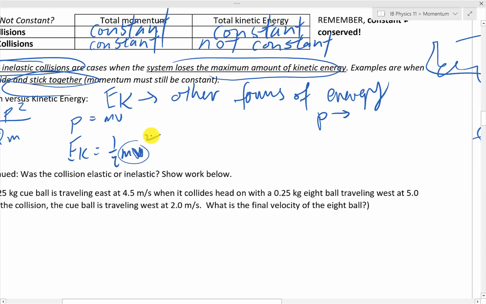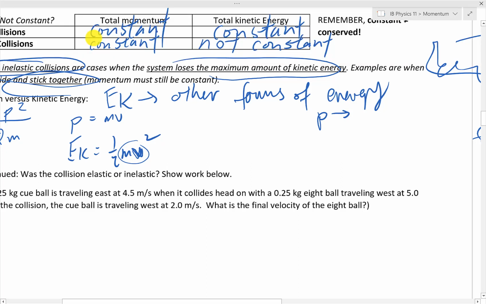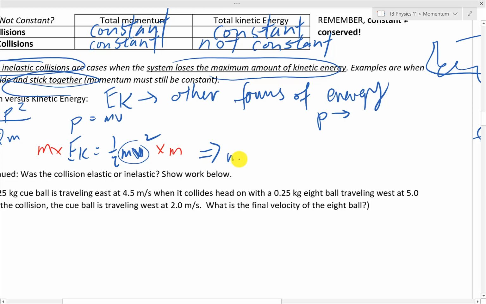But hey, don't forget the velocity is squared. But we can remedy that to make sure there is enough mass to go around by multiplying both sides of my equation by mass. If I do the same thing to both sides of the equation, it's equally fair. So then as a result, I'm going to get mass times kinetic energy is equal to 1/2 mass times velocity squared. And remember, if I multiply, it doesn't matter which order I multiply in, so I might as well separate these.